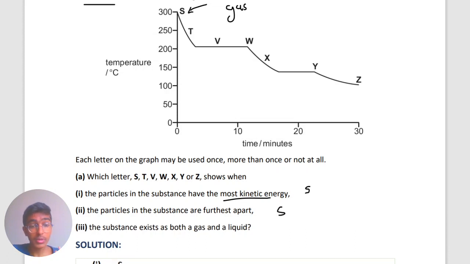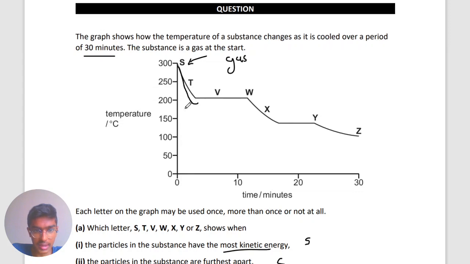The next question asks when the substance will exist as both a gas and a liquid. So here we go back to the graph. You can see from S to T, it's still a gas. Then from V, it changes to a liquid.